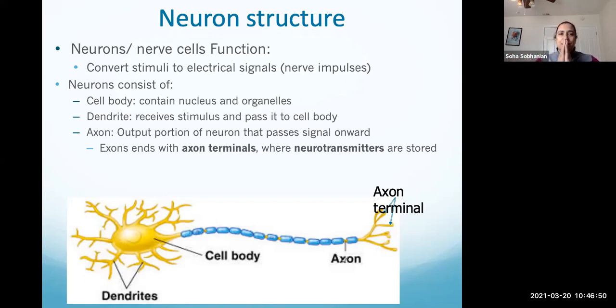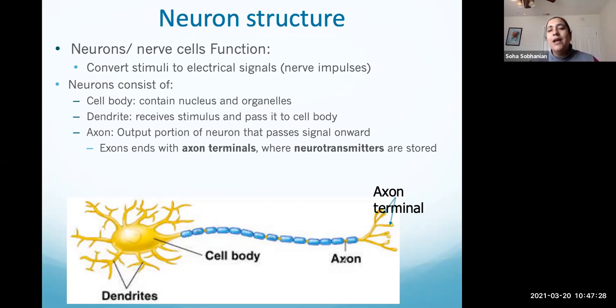Why is the axon terminal important to us? Because it stores and carries something called neurotransmitters, which means they transmit a signal from a neuron to another environment. You may have heard of some of the common neurotransmitters like dopamine, epinephrine, and, oh my God, I'm literally drawing a blank. There are quite a few of them, but dopamine is the most common one.